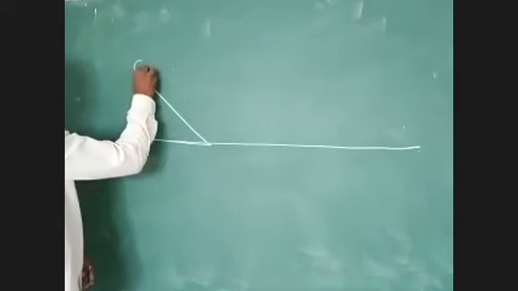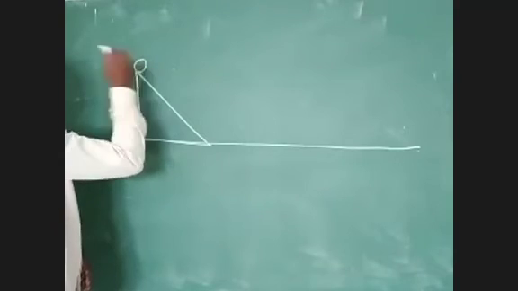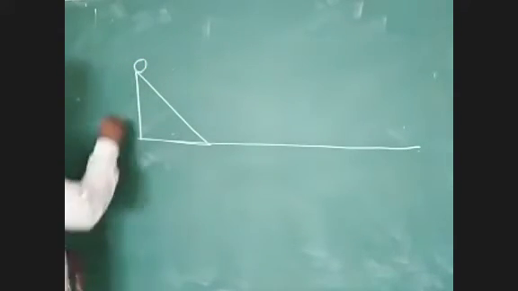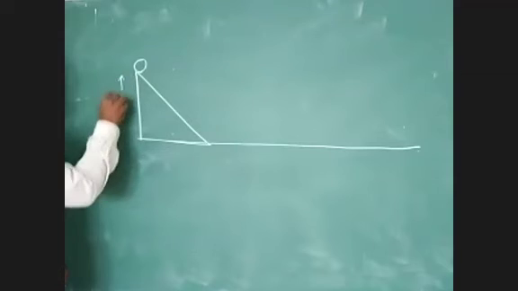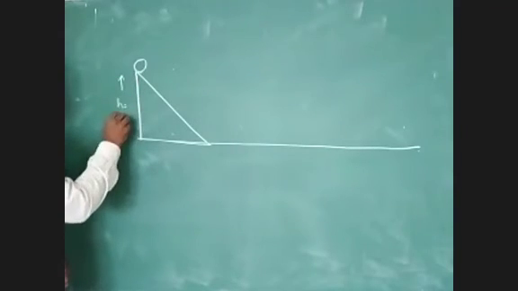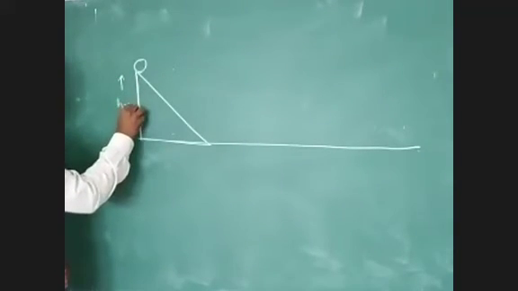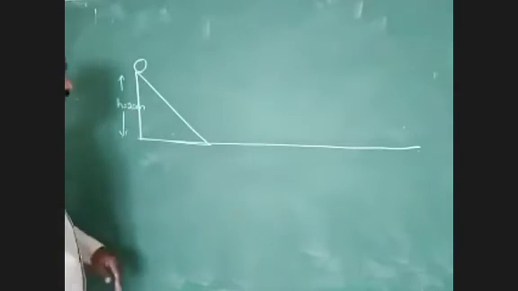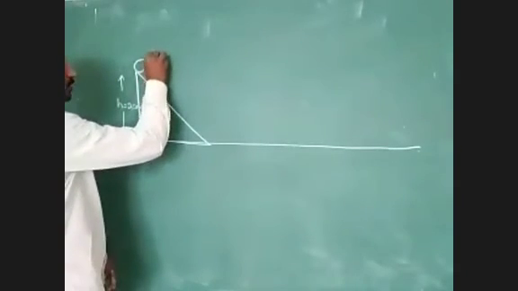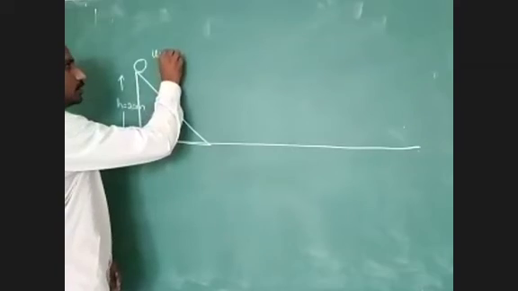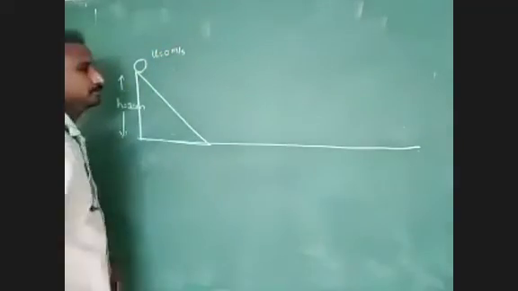We have to release one mass of the body at a certain height with respect to ground. Height equals 20 meters. Initial velocity of the body U equals 0 meters per second.